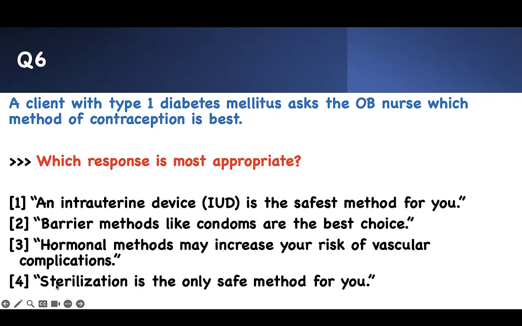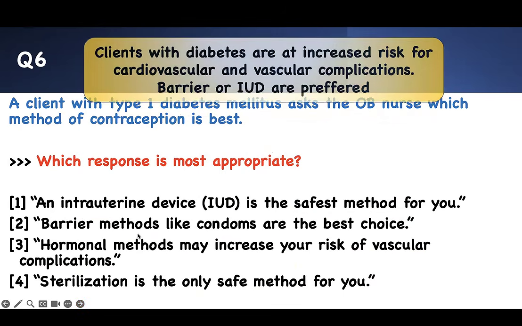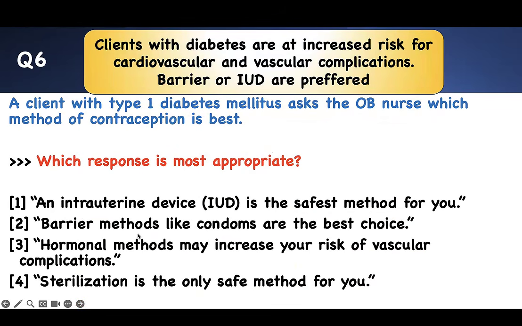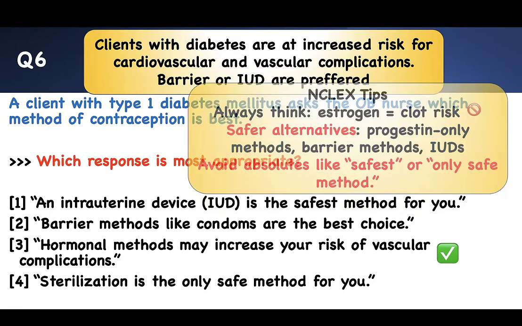But that's the concept I want you to know when you're picking an answer choice. Clients with diabetes are at increased risk of what? Cardiovascular and vascular complications. Therefore, barrier method and IUD are preferred, but none of them is the best, right? None of them is the safest. They are okay, 100% the same. Second one, too, is this.